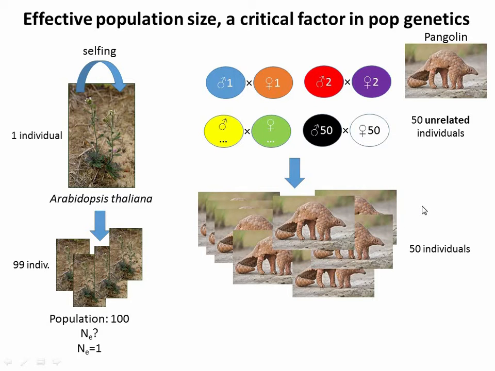They will give rise to 50 individuals that are the progeny, so in total, again, they will form a population of 100, just like in the case of thaliana. Now the question for you, again, is what is the effective population size of these guys? Again, pause the video, think about it, and once you have an answer, just continue to play the video.